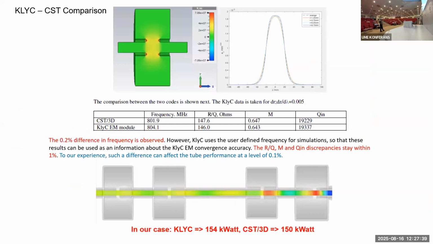We made a benchmarking with CST and Klystron. You see, Klystron approximately 154, CST calculated 150. It's approximately 2.5 error between us. Which one is better? I don't know. It should be realized.